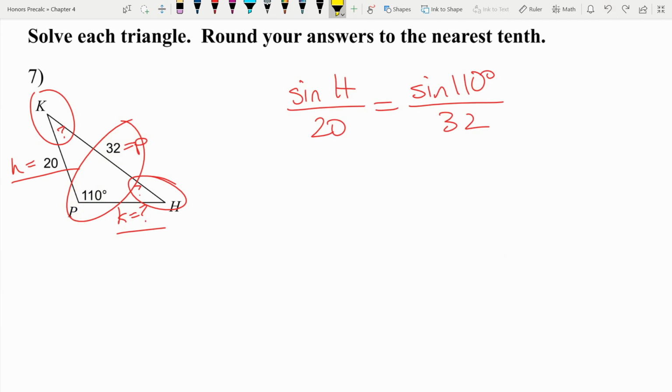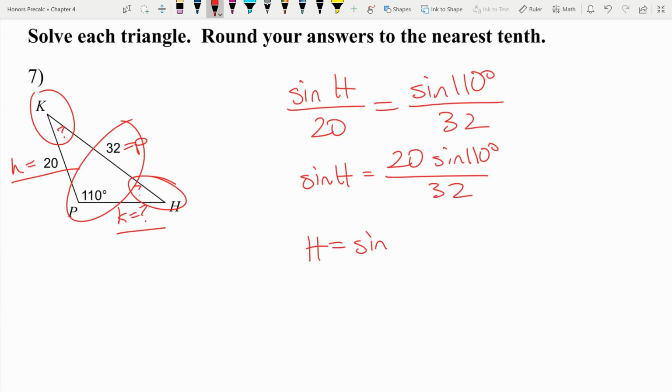Once I do that, I can rearrange this a little bit. I'll just show the initial steps to make sure we're good on this. Sine H equals, and multiply both sides by 20, so 20 sine of 110 degrees over 32. And you can do it all in one step if you want. That means angle H is going to be equal to the inverse sine of 20 sine of 110 degrees over 32.